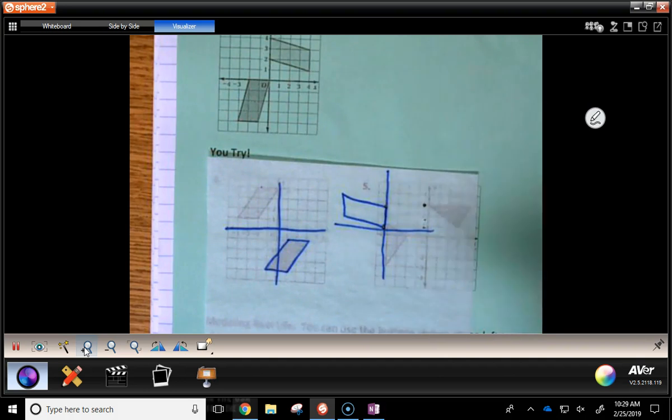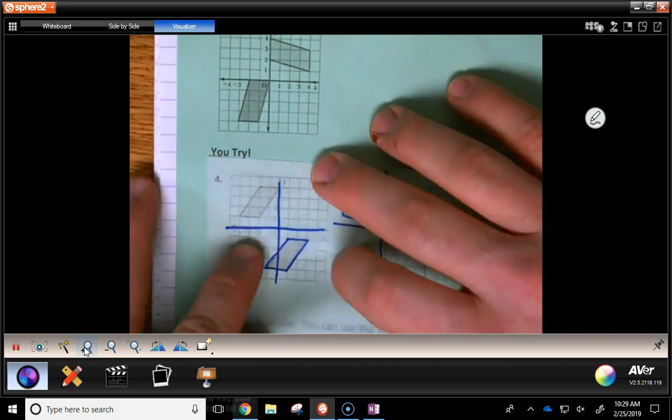Okay, so we're going to go from this bottom one, so it's going to be kind of backwards. So are you translating, rotating, or reflecting? Okay, so we're going to translate, which means to slide.